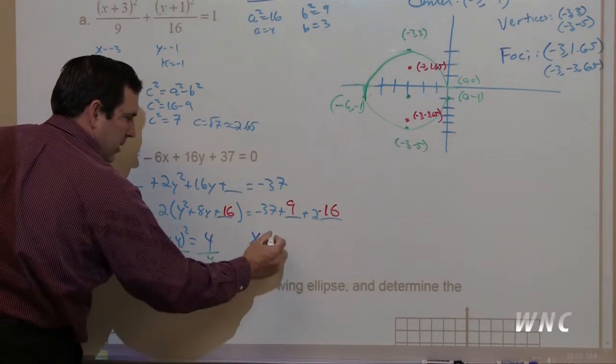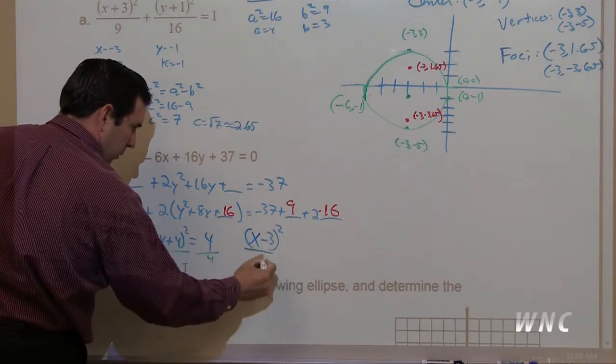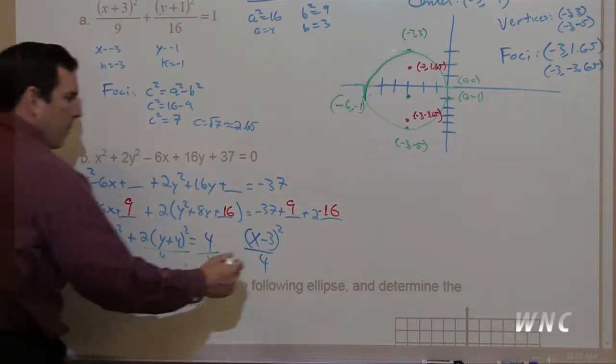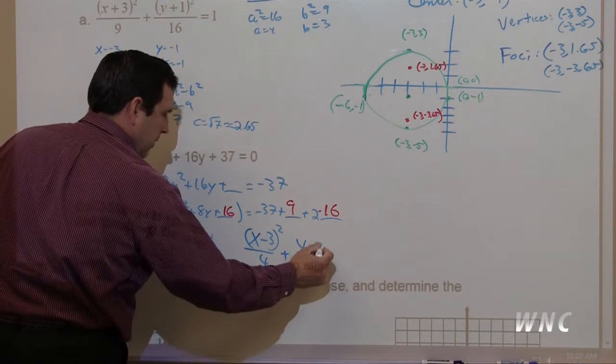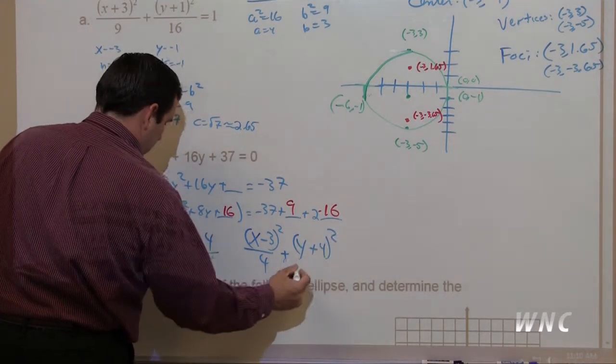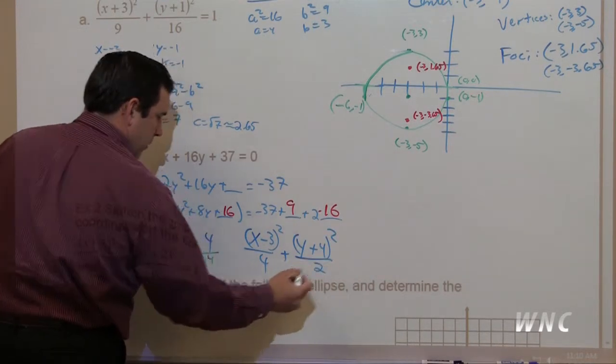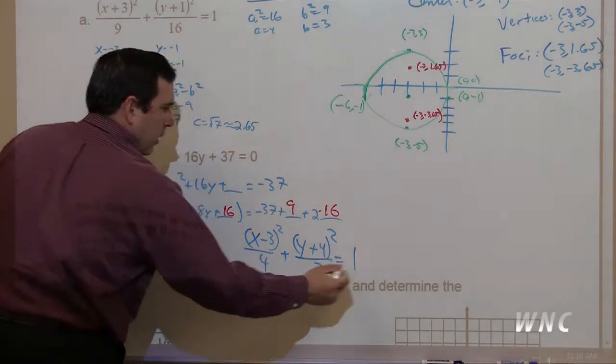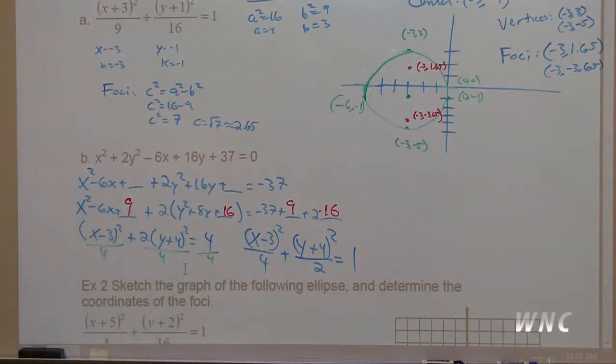We have x minus 3 squared over 4 plus y plus 4 squared over 2 equals 1. And that's our equation for the ellipse.